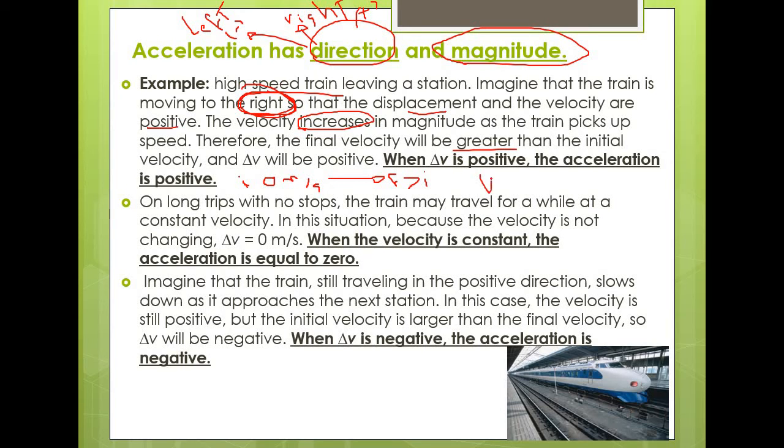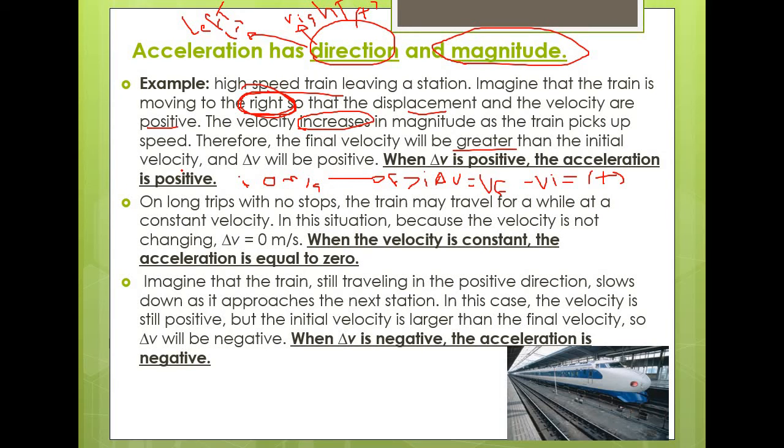So the change in velocity, equal to velocity final minus velocity initial, will be positive. So the acceleration will also be positive, as the final velocity is greater than the initial velocity.